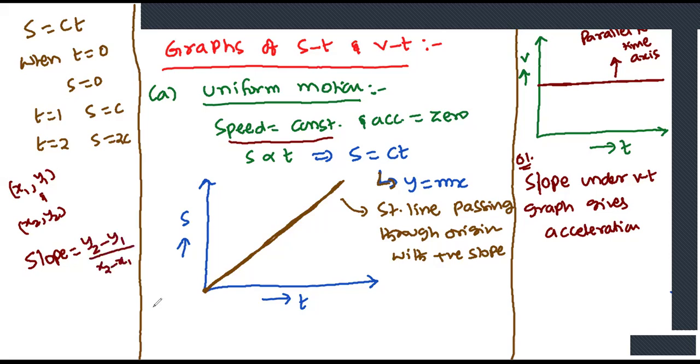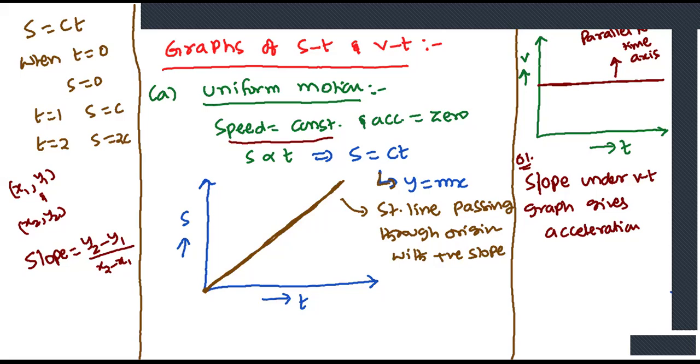Whatever you told earlier is for the distance between the points. So slope under the VT graph means V2 minus V1 by T2 minus T1.